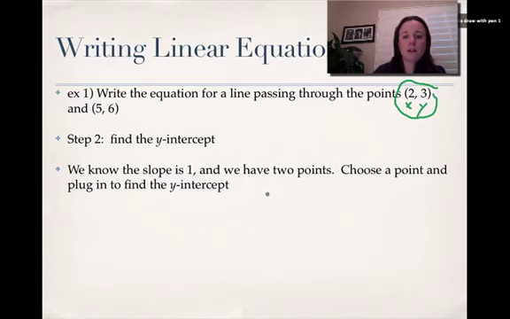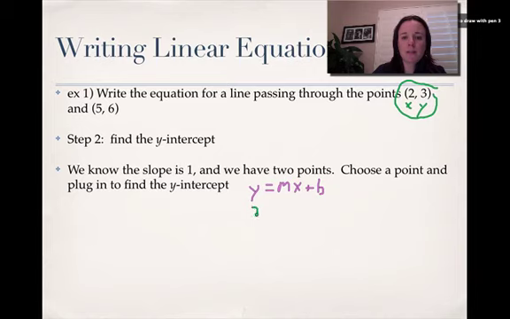So I've got y equals m, that's my slope, times x plus b. All right, up here my y is 3, so I'm going to go ahead and plug that in for y.